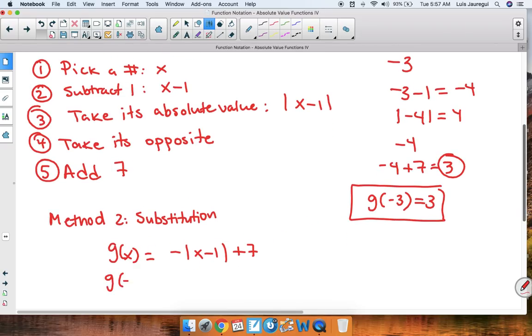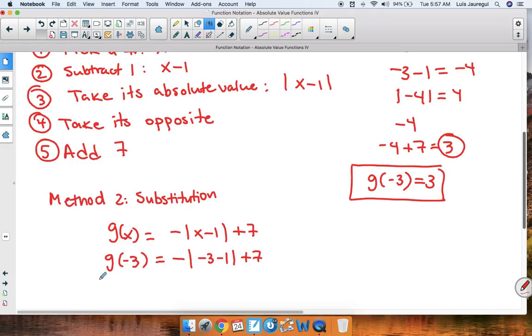So we have g of -3 is equal to the opposite of the absolute value of -3 minus 1 plus 7. Now recall that the absolute value is a grouping symbol, so we need to evaluate what's inside first, just as we would do with the parentheses. So we have g of -3 is equal to the opposite of absolute value of -3 minus 1 is -4, and then plus 7.